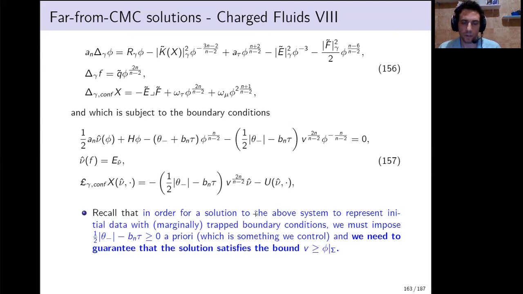And recall that we always have to have in mind these two conditions: if we intend for the solution to represent black hole initial data, and for us that is to say that the boundary conditions are marginally trapped conditions, then we have to choose our initial data a priori satisfying this condition along the boundary, and we need to be able to satisfy this a priori bound for the solution, for the conformal factor.